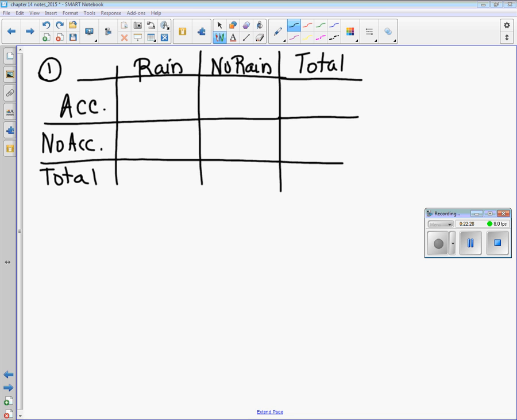Since we're talking about probabilities here, what should they all add up to be? The total here should be what? 1. If it's a probability situation, correct? They should all add to be 1. Double check that they do.